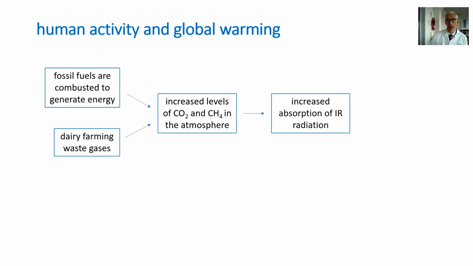That leads to increased absorption of infrared radiation, so less of the infrared emitted from the Earth's surface escapes into space. So that produces an increase in global temperatures. Those are the links between fossil fuel combustion and global warming.